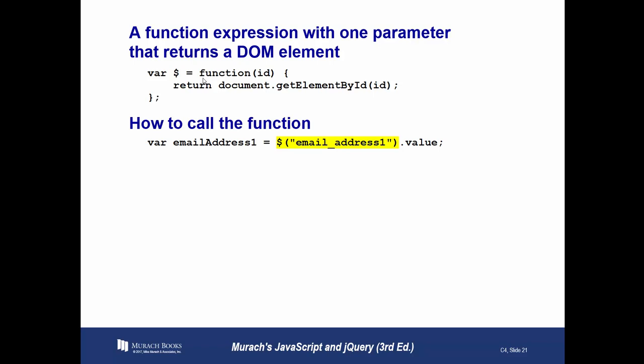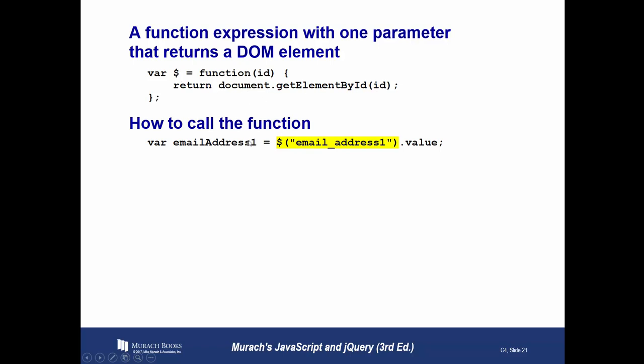I call this an alias function. I've seen it with different names. This is an anonymous function because there's no name after the function. Whatever ID you pass in, what it does is it replaces you having to type in document.getElementById with some kind of an ID with just a $ sign.